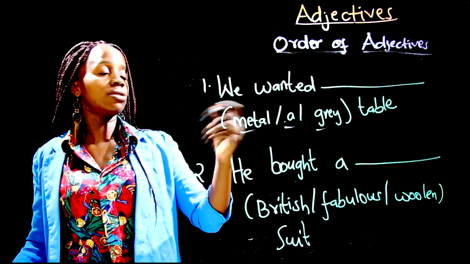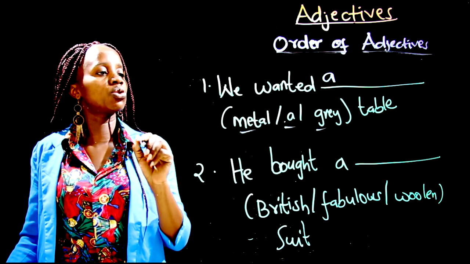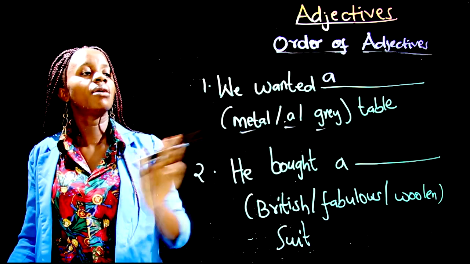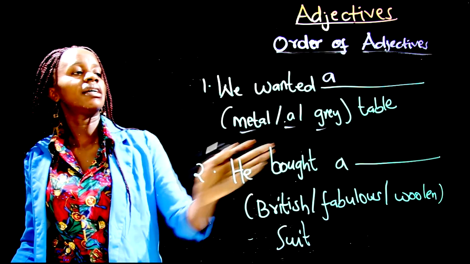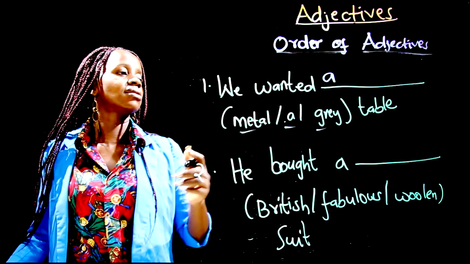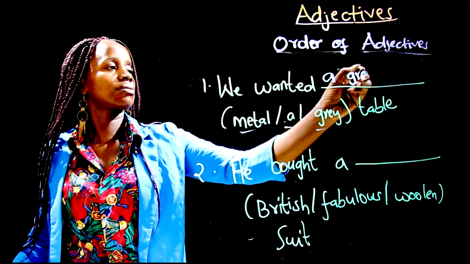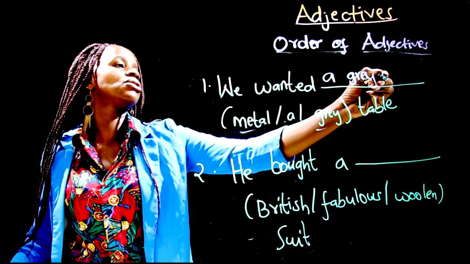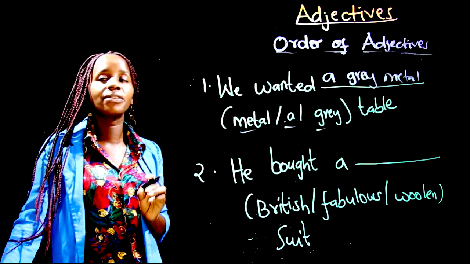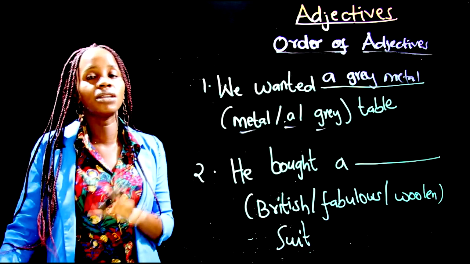So it goes like this: we wanted, and between metal and gray, which one will come first? Metal is material. Gray is color. Okay, the gray, then material. We wanted a gray metal table because it has to follow the order of adjectives.